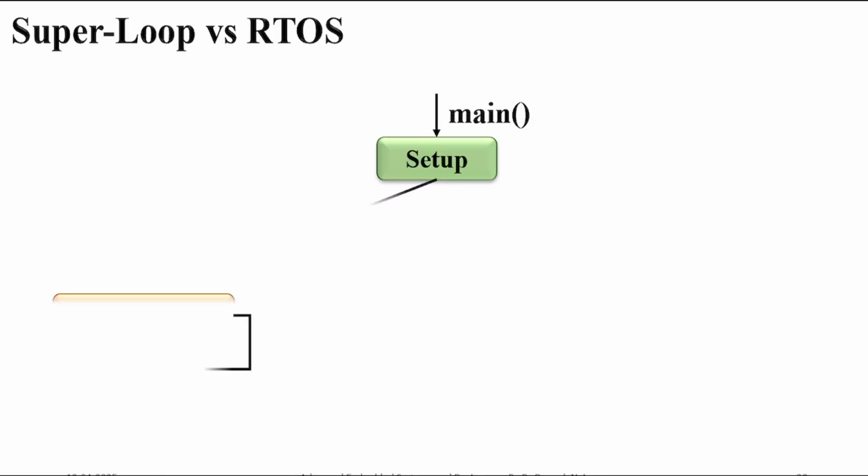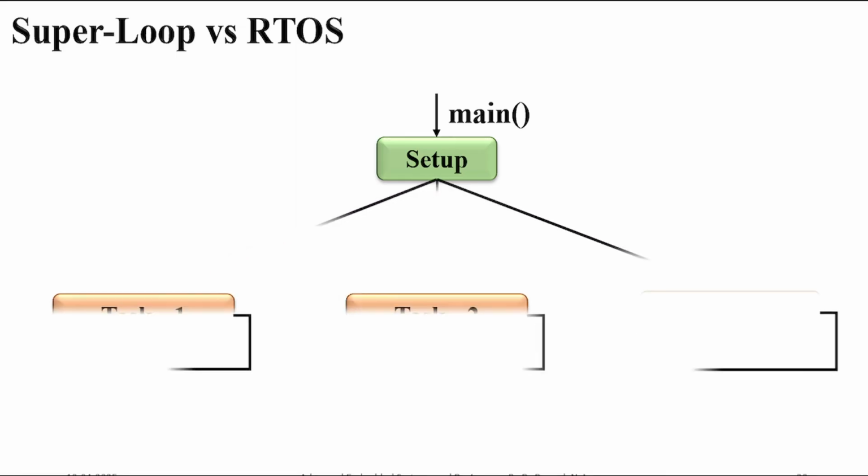For example, this is how the super loop is broken down into different tasks and the RTOS runs these tasks, and it appears that they are running concurrently or simultaneously within a specific time period.